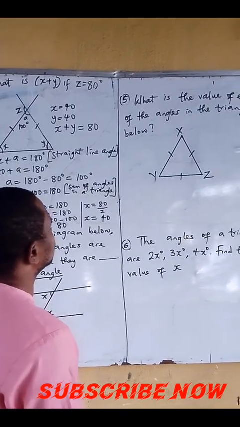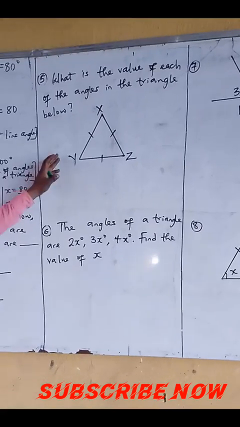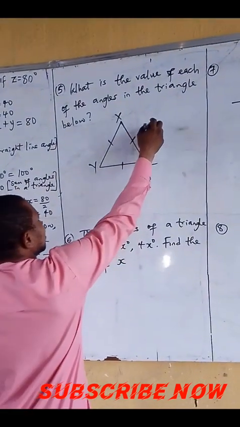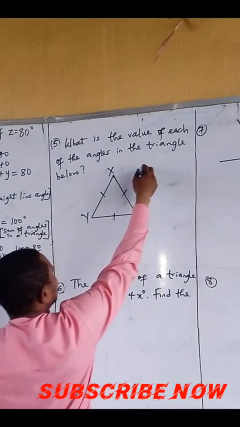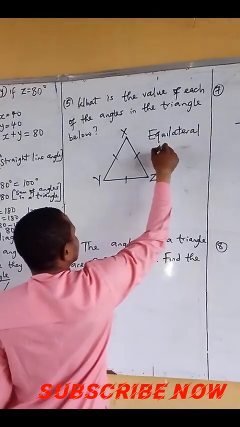What is the value of the angles in the triangle below? If you look at this triangle, you will discover that this is an example of an equilateral triangle.